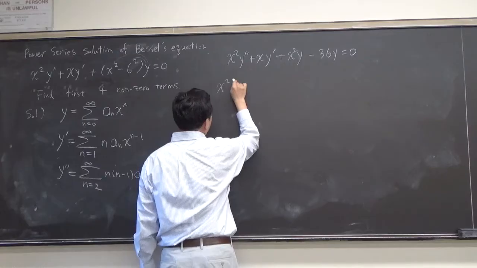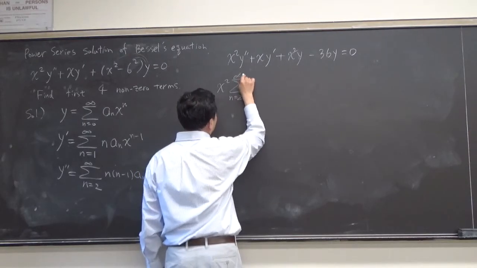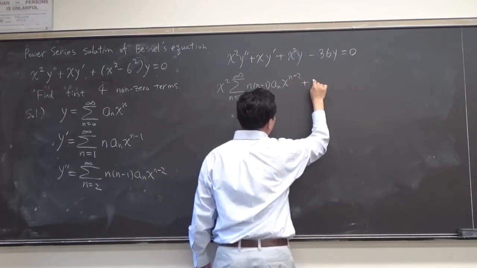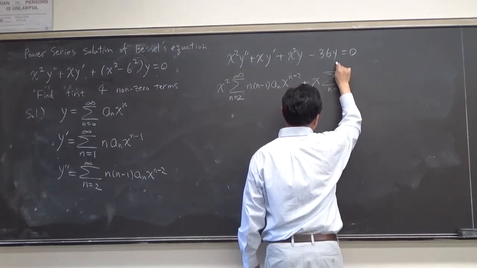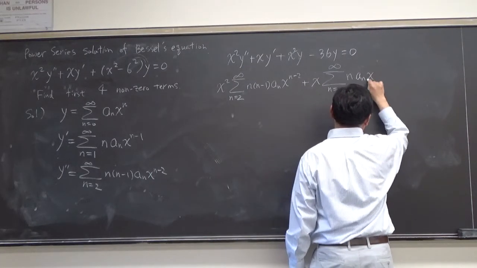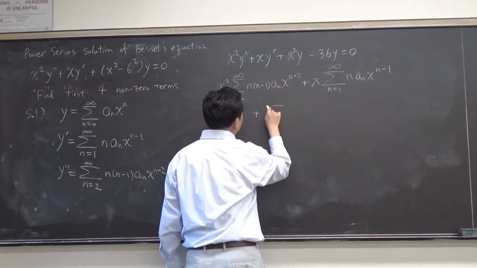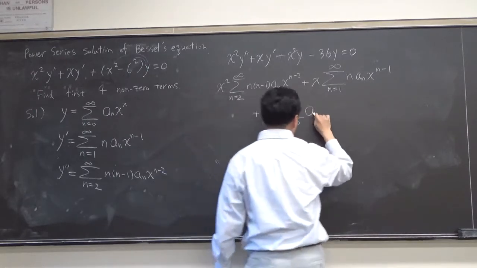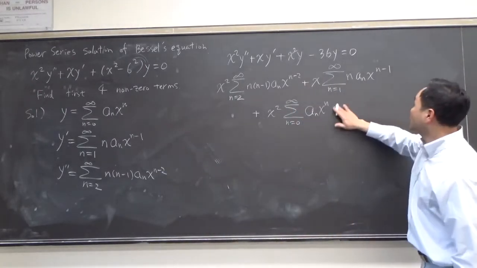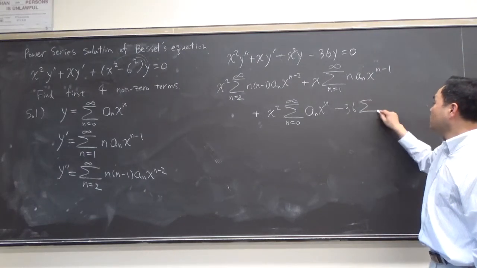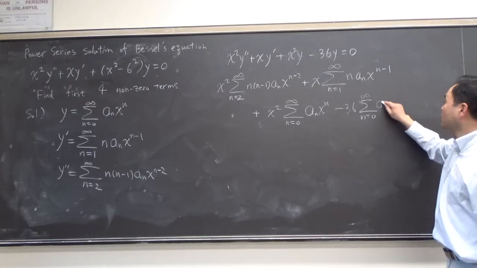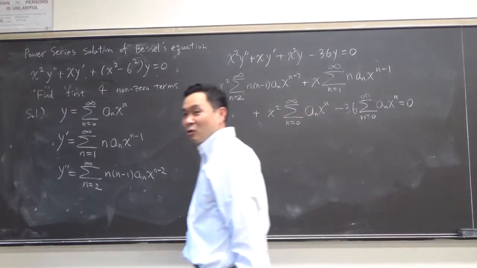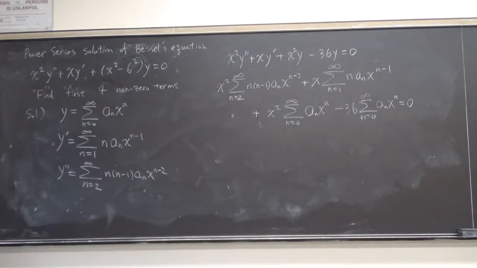So x squared times the sum from n equals 2 to infinity of n times n minus 1, a_n x to the n minus 2, plus x times the sum from n equals 1 through infinity of n a_n x to the n minus 1, plus x squared times the sum from n equals 0 through infinity of a_n x to the n, and then minus 36 times the sum from n equals 0 through infinity of a_n x to the n, equals 0. I hope I'm not too fast here.